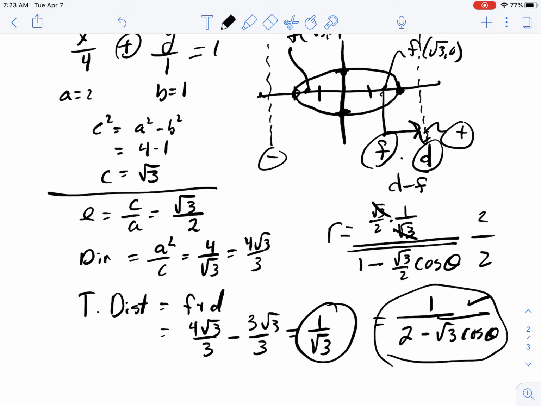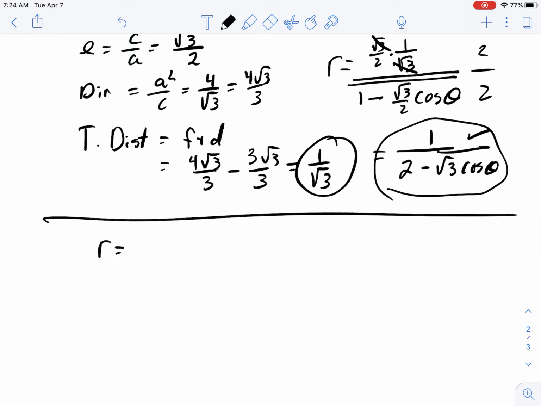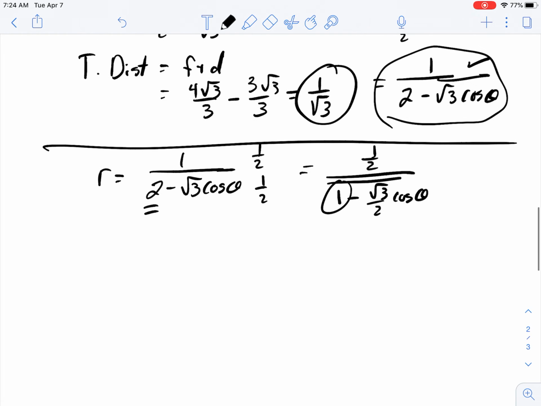The last piece that we're going to work on is what to do when it's written like this, and come back and find your other values. If you are given, let's say, r equals 1 over 2 minus root 3 cosine of theta, you have to get a 1 here, which means you have to multiply top and bottom by a half. So you have 1/2 divided by 1 minus root 3 over 2 cosine of theta.